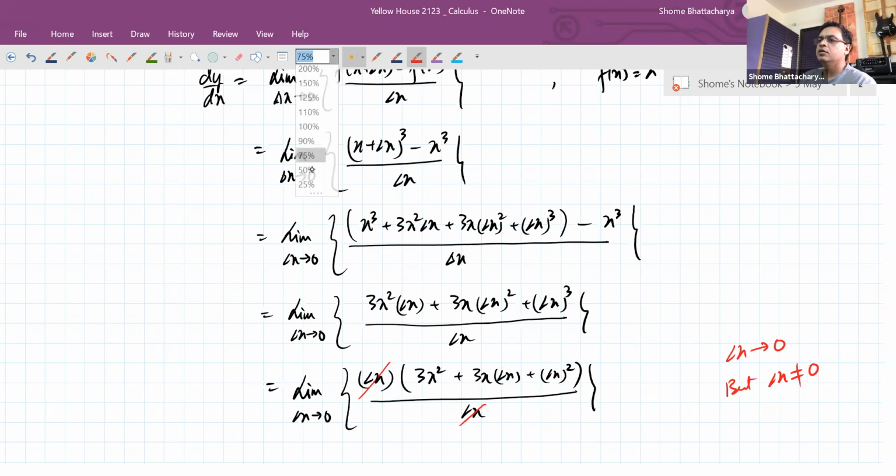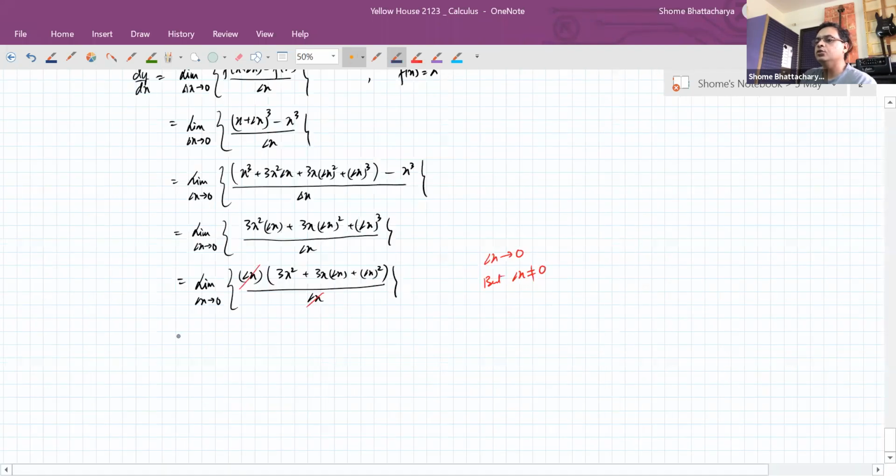So next step, now I can put delta x tending to 0 inside the bracket. And from that, I can say that these terms will become negligible. The second and third terms will not matter because that delta x is that small. It's like 10 raised to minus 100 or 10 raised to minus 1000 or something like that. So these terms will tend to 0.